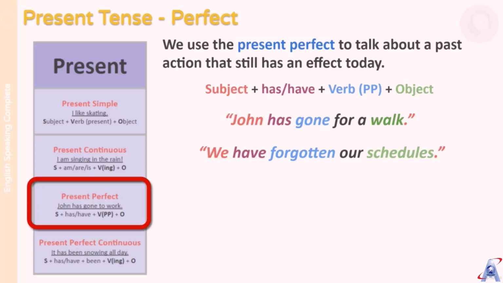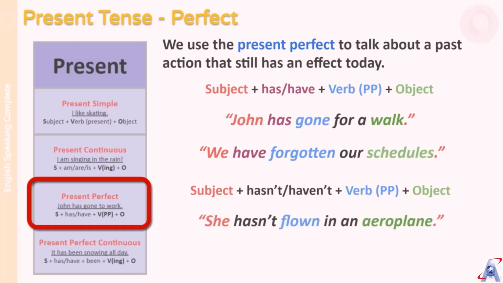Okay, so how can I use this in negative sentences? Subject plus hasn't or haven't, of course, contractions of has not, have not, plus past participle plus the object. Let's look at an example. She hasn't flown in an airplane. Aeroplane even. She hasn't flown in an aeroplane. So she's never at any point in the past been in a plane.